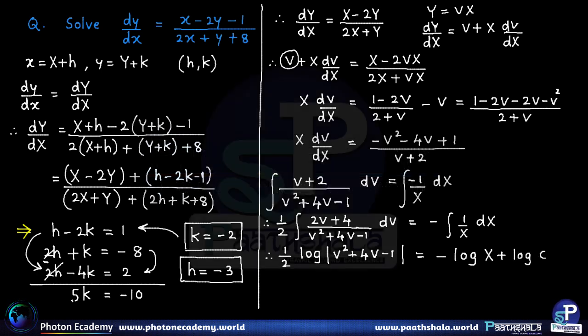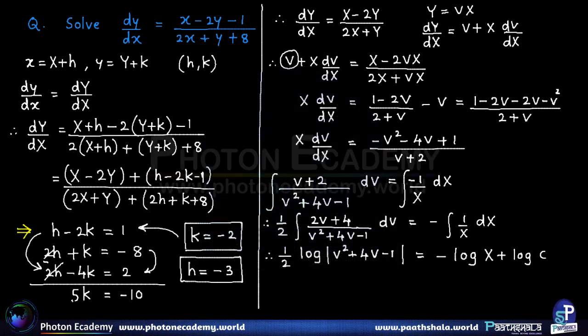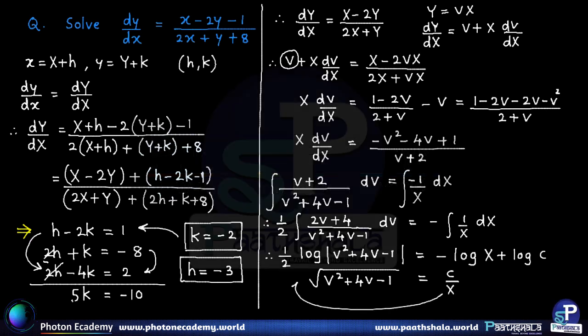So if you want, we can consider half as the power of this particular expression and then remove the log. So therefore on doing that we will get square root of (v square plus 4v minus 1) is equal to c upon x. So now let us bring x on left hand side and then simplify.